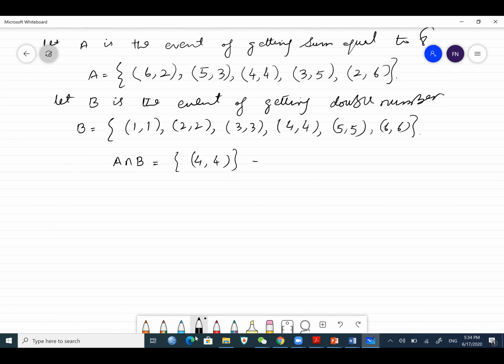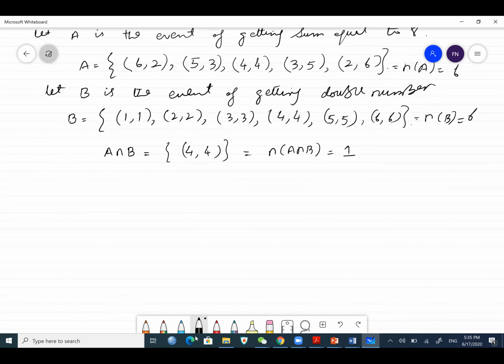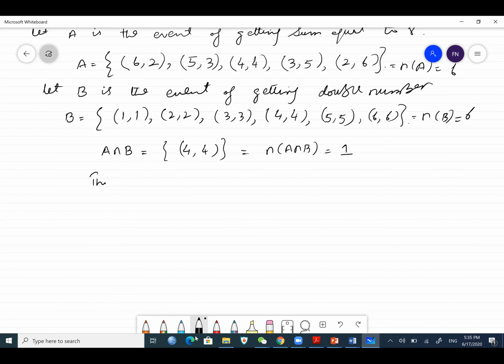So, how many elements in A intersection B? There is only one element. Similarly, n of A, number of elements in A, and n of B are 6. Wait, for A, it's not 6.